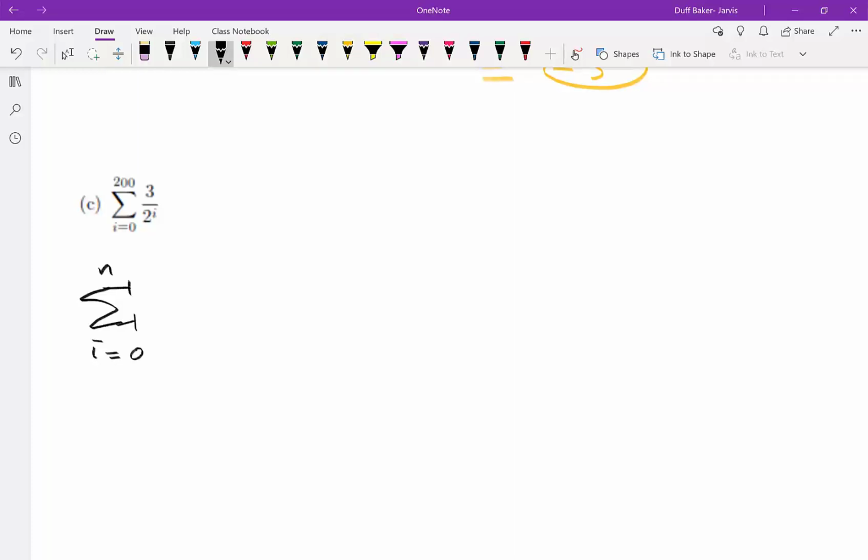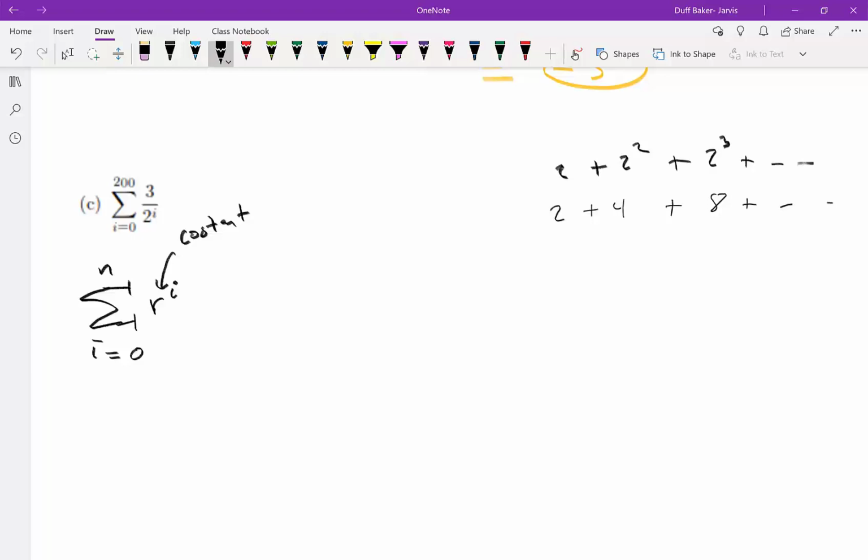So the general formula is, let's make it even easier, if I have a constant to a power, so I'm adding up maybe like 2 plus 4 plus 8, this would be 2 plus 2 squared plus 2 cubed, and so on.